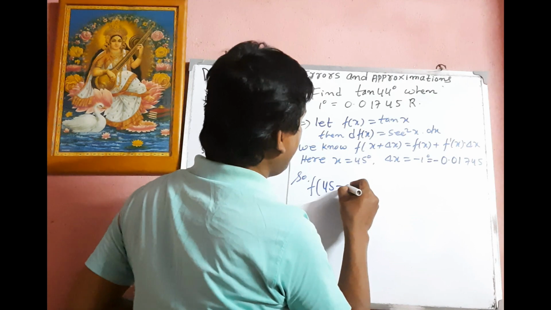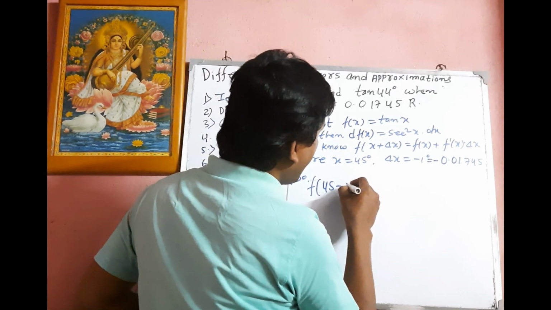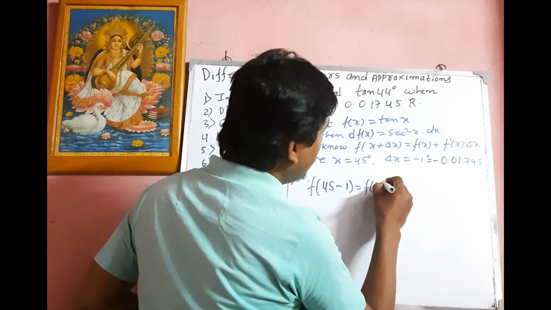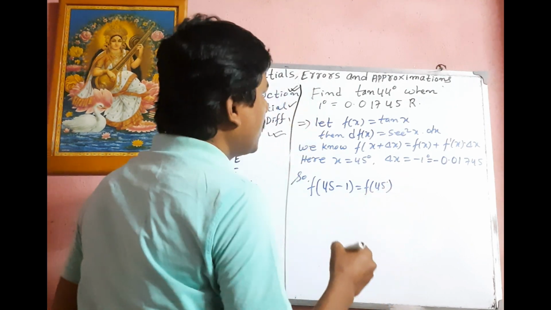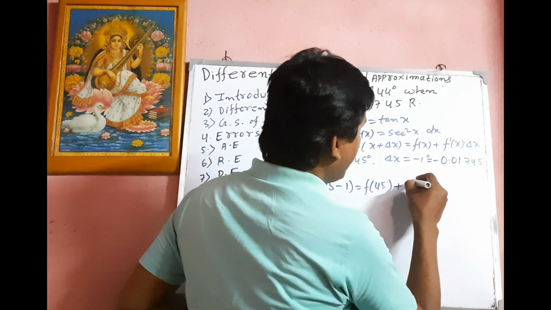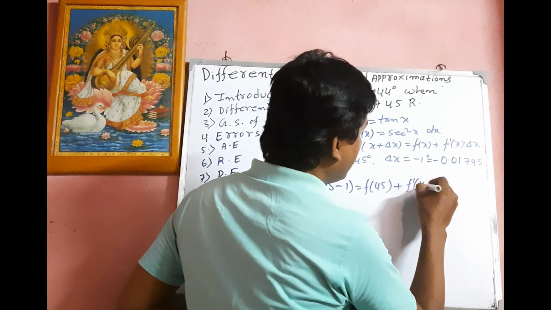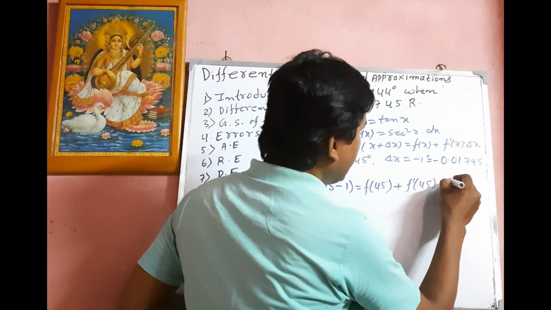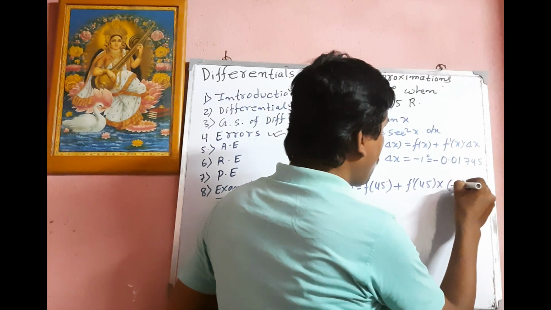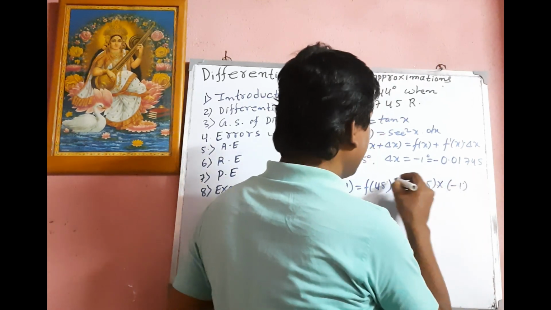Now putting this value, we get f of 45 minus 1, then f of 45 and f dash of 45, and putting delta x is equal to minus 1 degree.